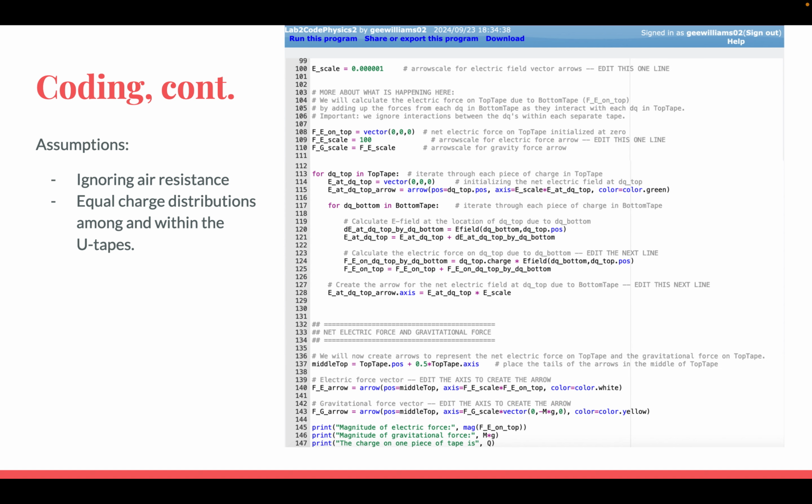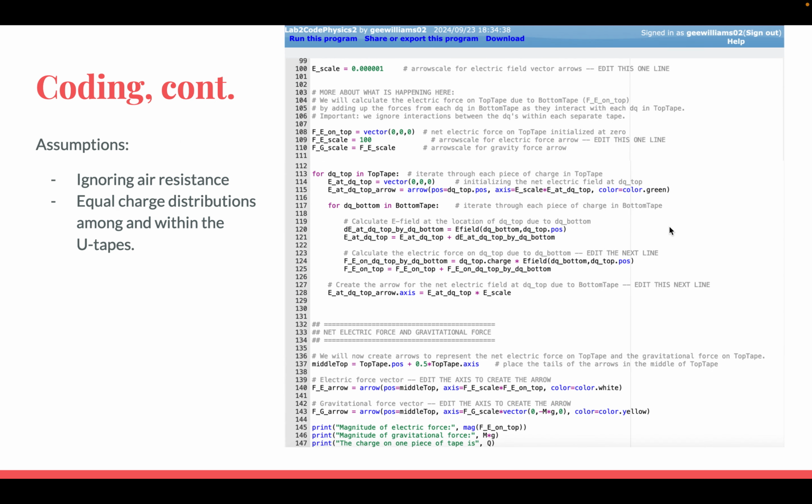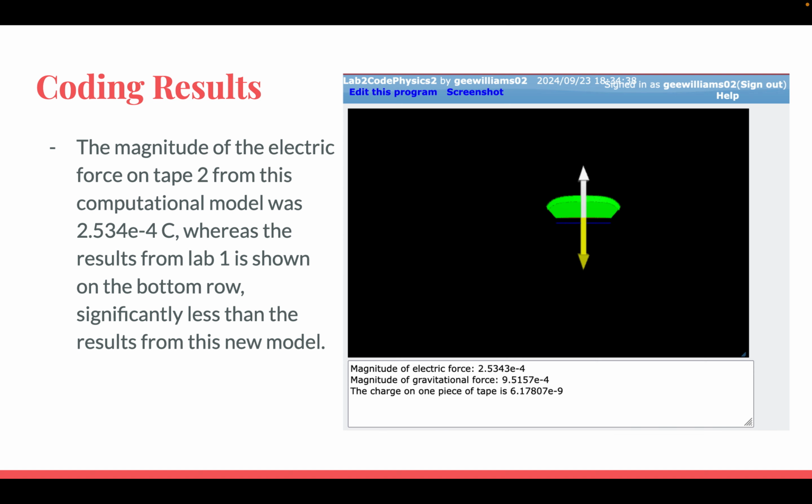I used n equals 100 just to get a really solid line here, but you could use any one you wanted. And then we found the force of gravity and the electric force as well. And this is the results. And so the magnitude of the electric force, again, from this one was 2.53 e negative 4.